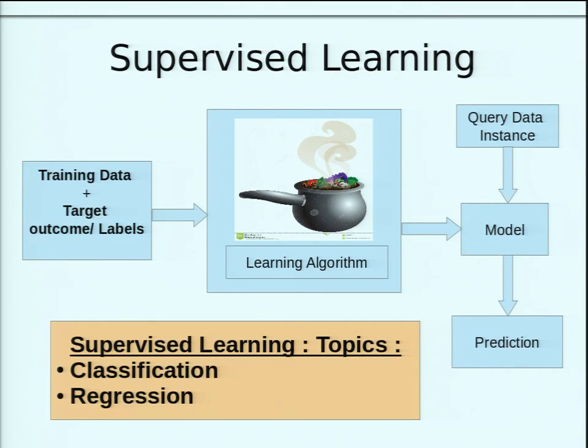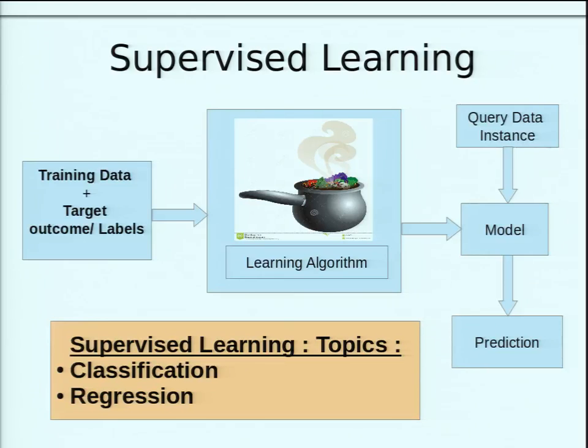Supervised learning is exactly the mango example. So we have training data, and along with the training data, we have the target outcome or the labels, and the rest of the framework is the same. So the data is fed into the learning algorithm and it comes up with a model, and you give it a new instance, it can make some prediction, right?